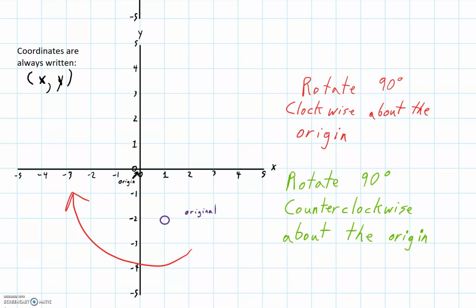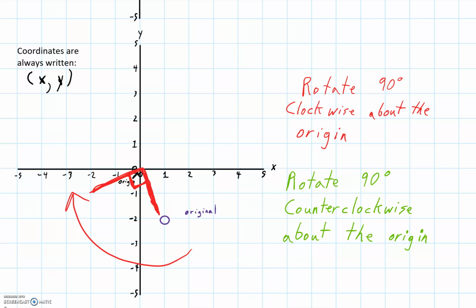So let's think about where it should go logically. If we think about how far away it is from the origin, it needs to always stay that far away. So if we rotate it 90 degrees, like I just made a line here to the origin, if I make another line here, you can see that this is a 90-degree angle.